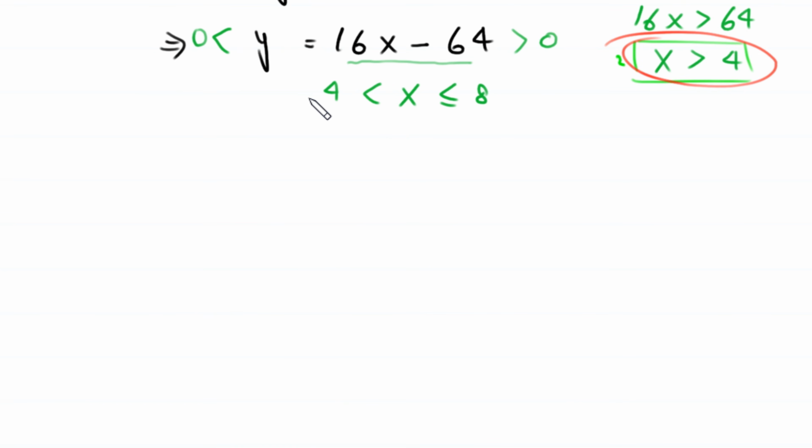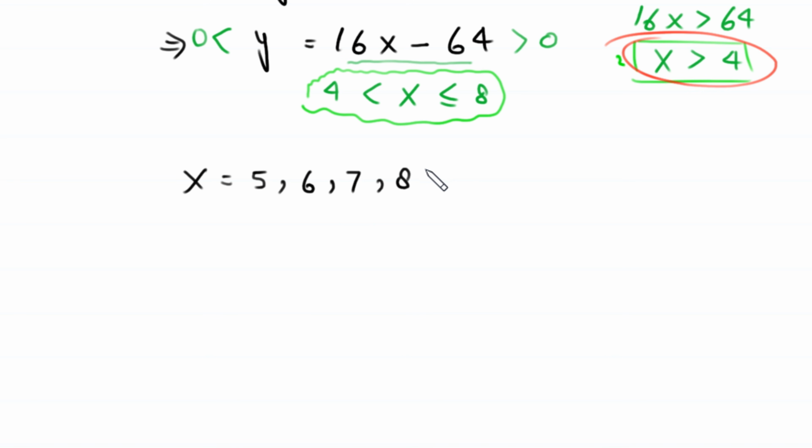So from this domain we get 4 values of x: 5, 6, 7, and 8. We have 4 values for x.